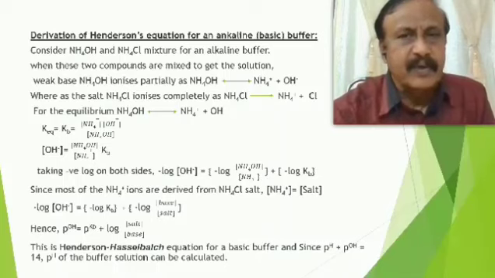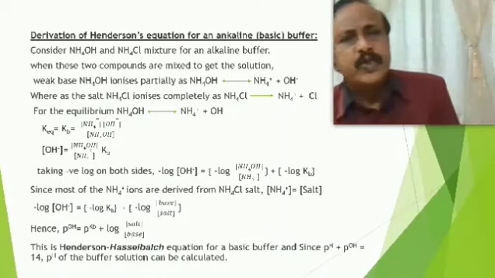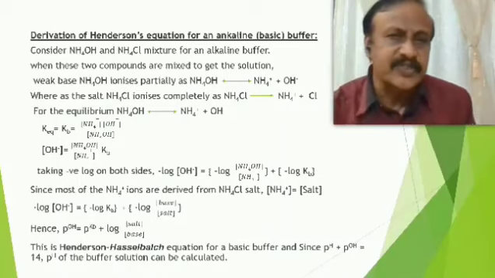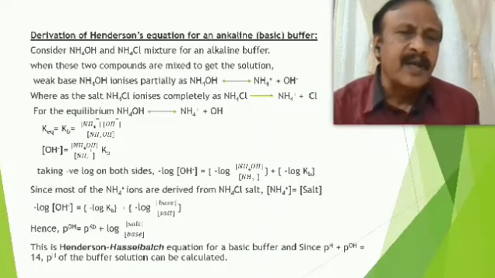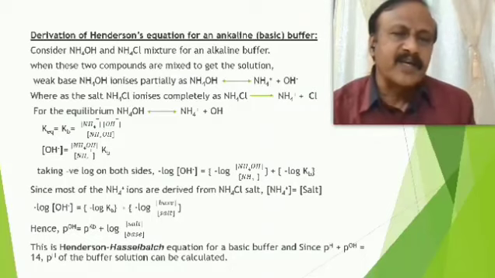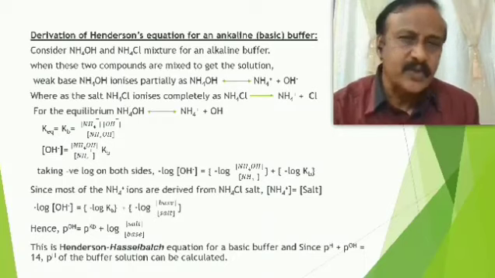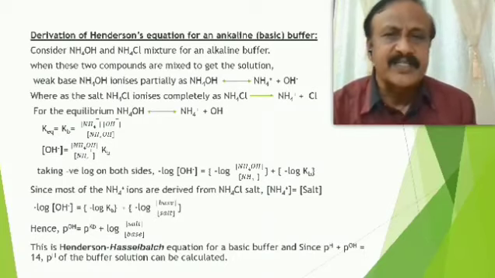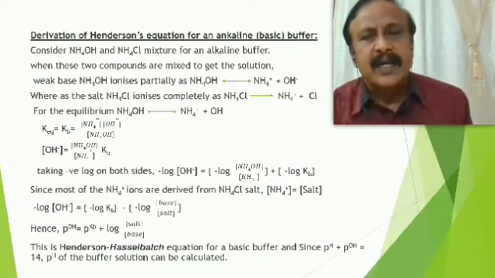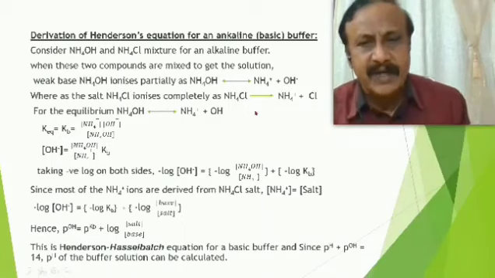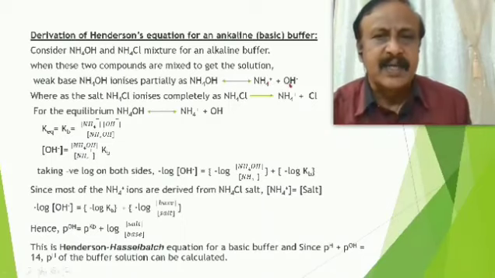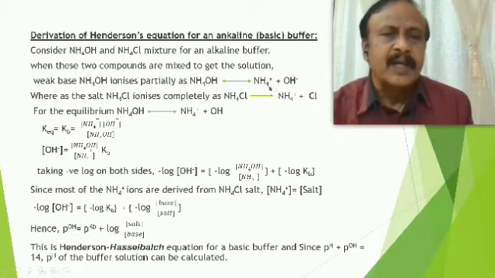When these two compounds are mixed to get the buffer solution, the weak base ammonium hydroxide ionizes partially, as we know, students, to form ammonium ions and hydroxyl ions, NH4 plus and OH minus.